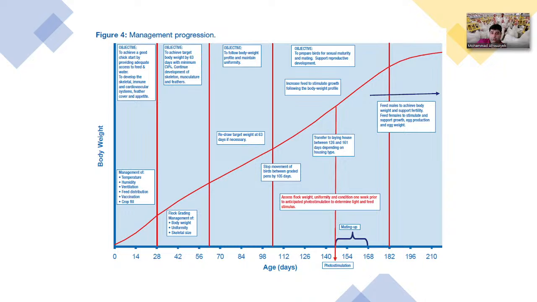For example, here in Canada, one of the local feeds which is getting more attention is fava beans. Fava beans can be used in poultry diets, but our producers are a little bit hesitant to use them. You know why? Because of the supply.